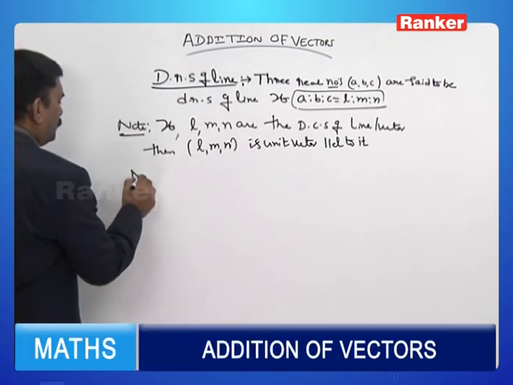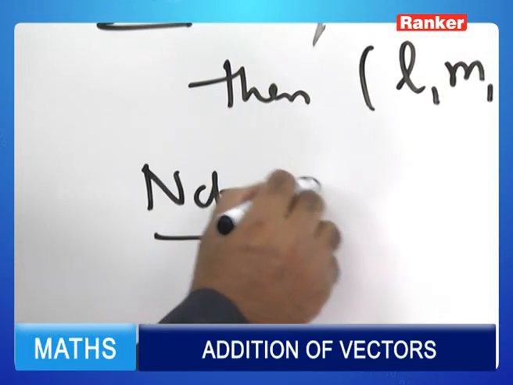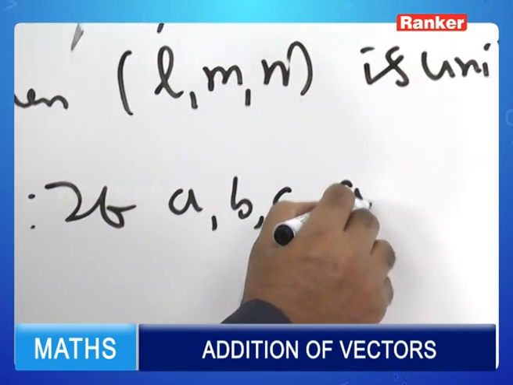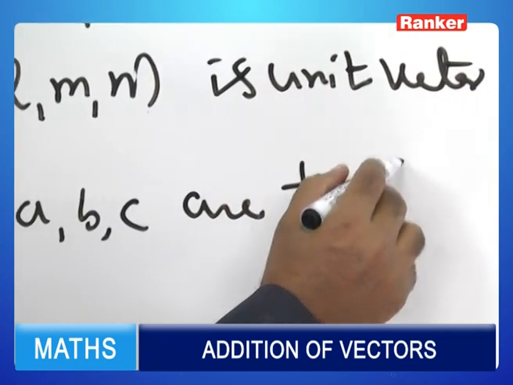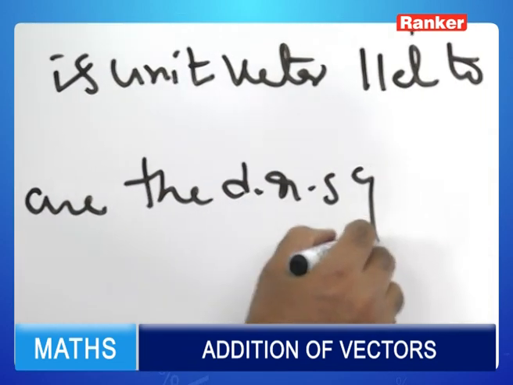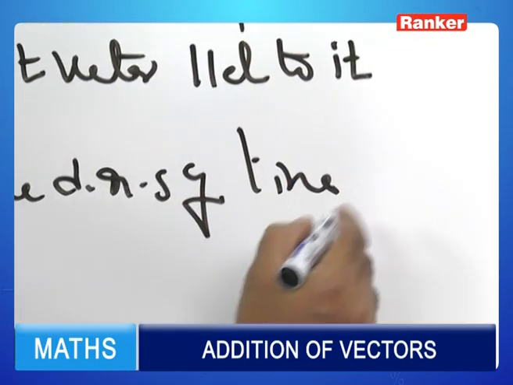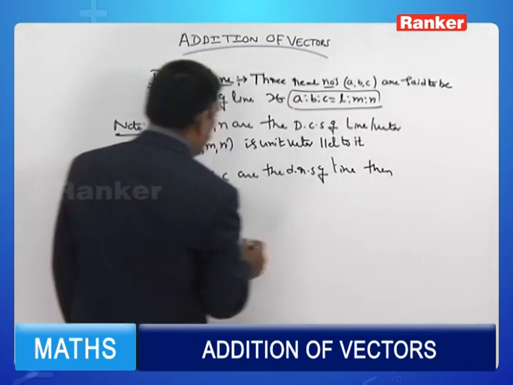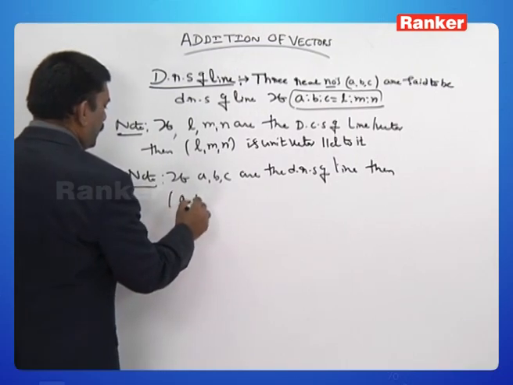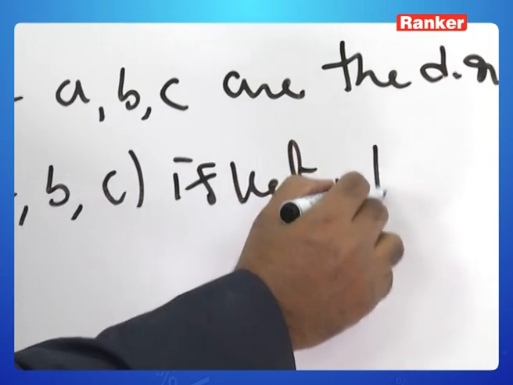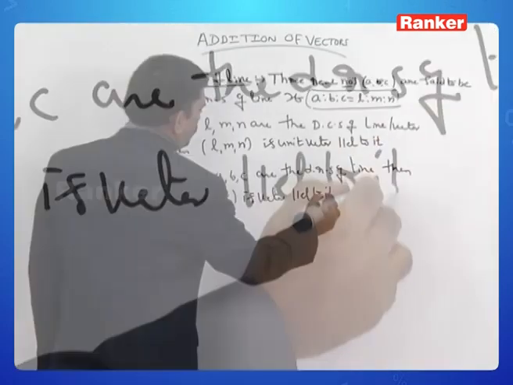Note 2. If A, B, C are the DRs of a line or a vector, then A, B, C is a vector parallel to it.